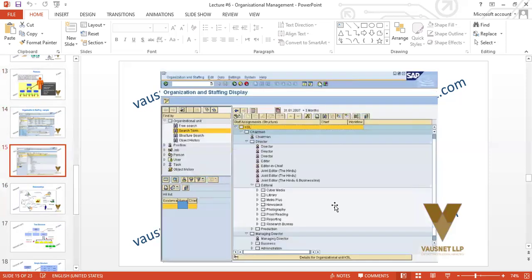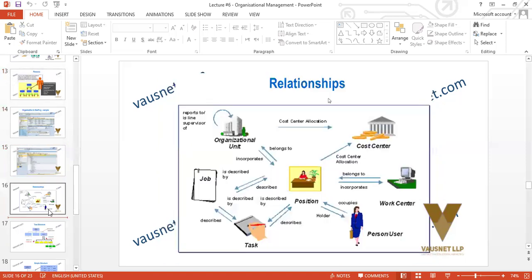We'll see how it is laid out. And based on the combination of jobs, positions, and relationships, we actually map out the whole structure of a company, of the department, of the area, of the subset, of the subunits.